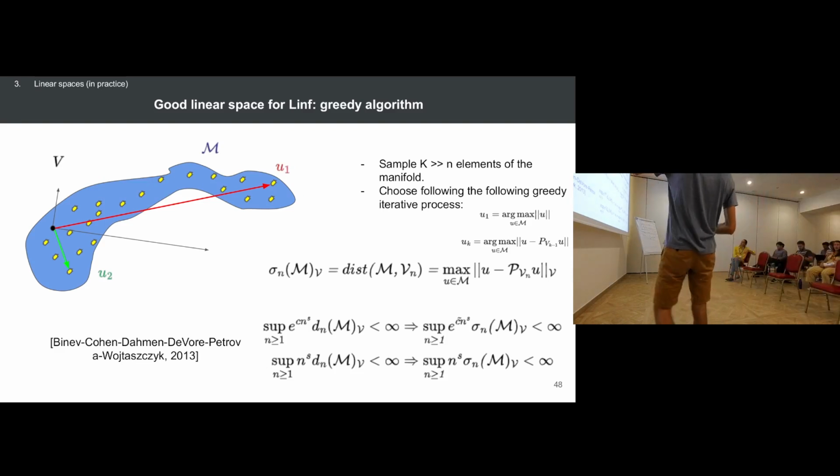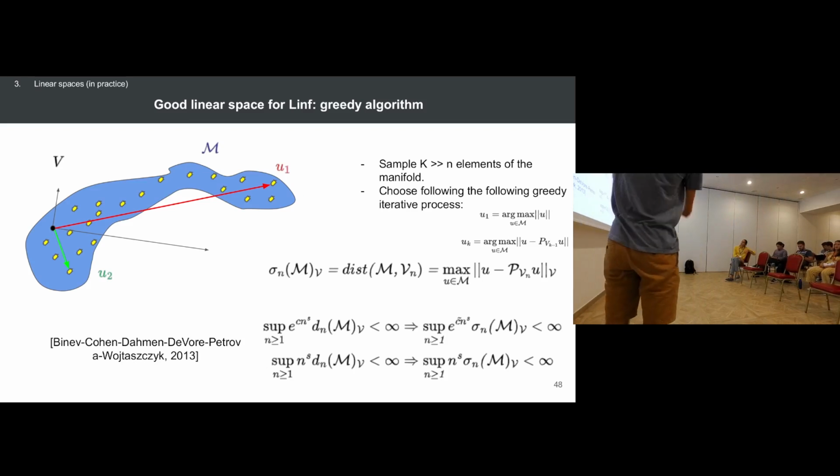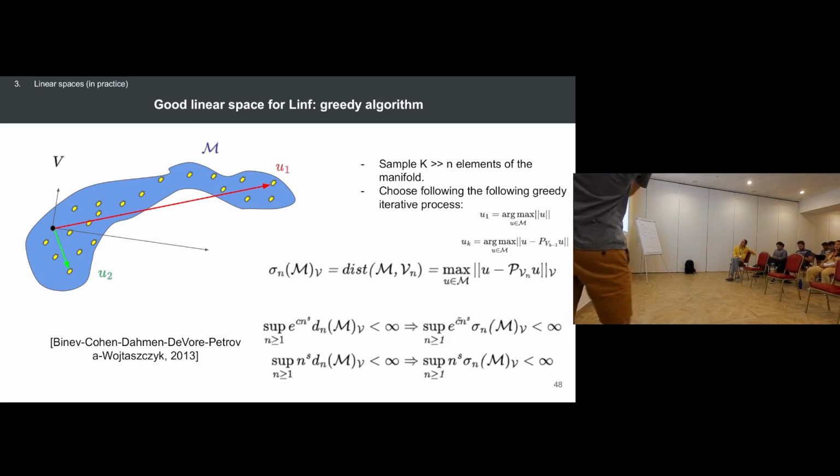What does it mean? It means that at the beginning, if I had taken the mean here, I would have searched the one that was, for example, near. This would give us a vector that goes like this. If I stop there and want to use this linear space to approximate the manifold, the things that are far away will have a very big error.